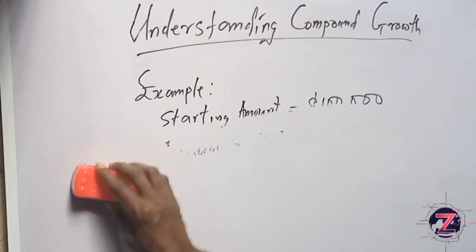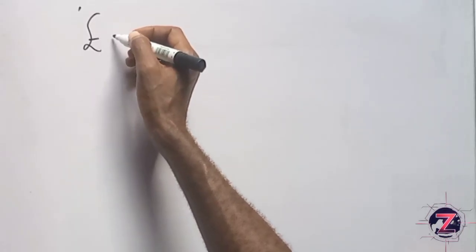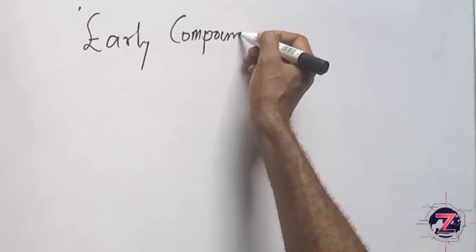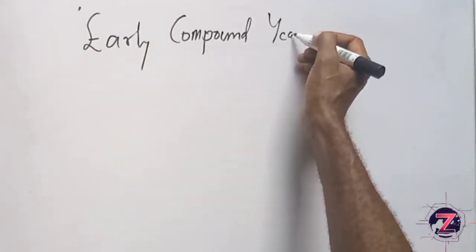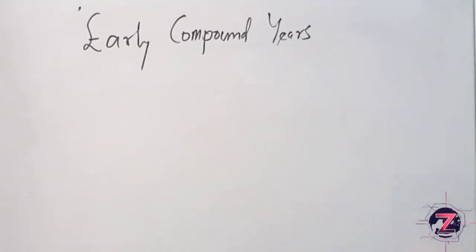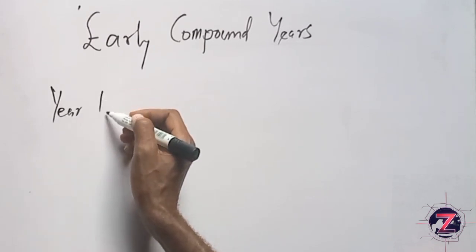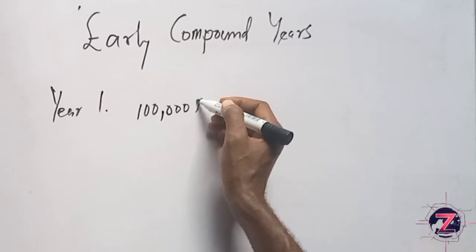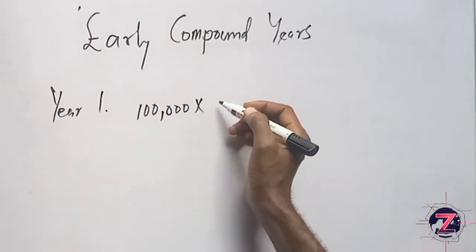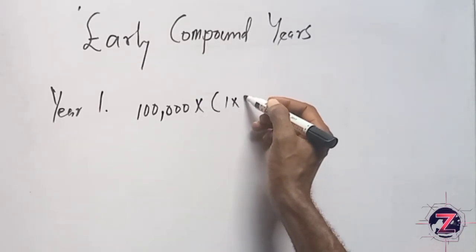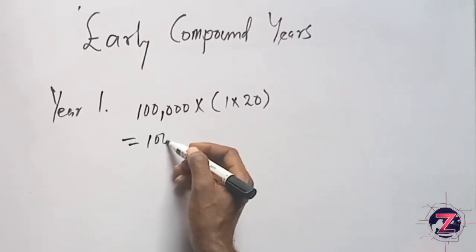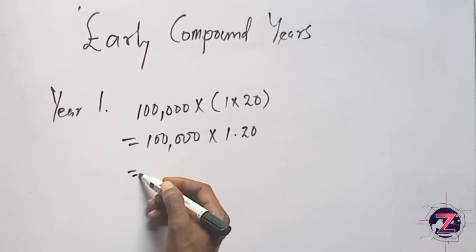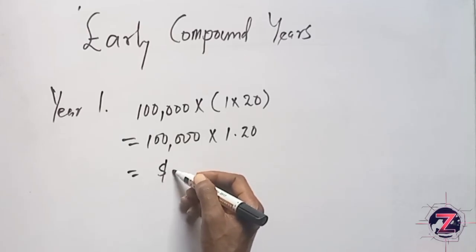Therefore, in our early compounding years, considering this example just given and substituting into this formula, F = A(1 + R)^T. Here, let's consider T to be 1 year per annum. In year 1, 100,000 times (1 + 20%) will give us 100,000 times 1.20, which is $120,000.